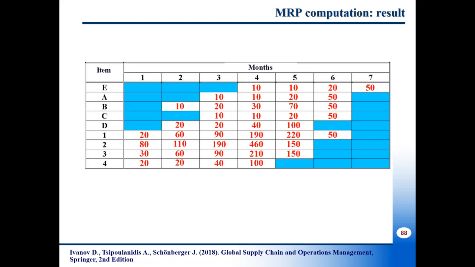For example, in period number 2, we aggregated net requirements for item 2 from the second level, that is 30, and third level, that is 80. Net requirements for item 2 in the second period is 110 pieces. This information is important for purchasing planning for February.